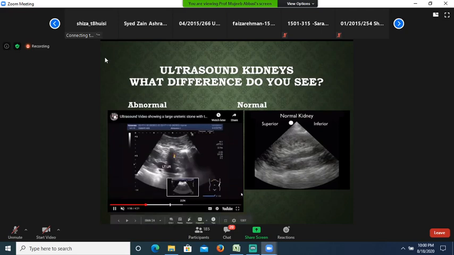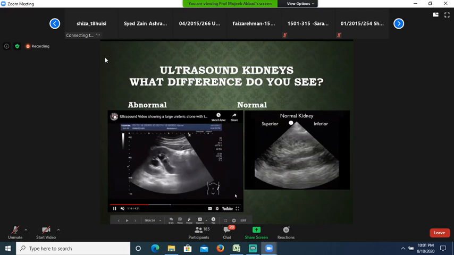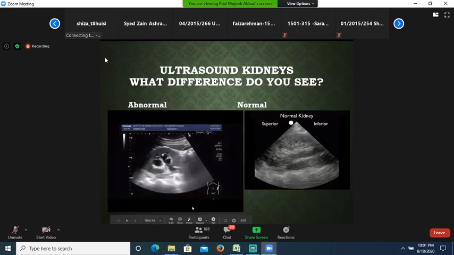Okay, he freezes and counts. So that's another stone. Yes, left kidney collecting system.